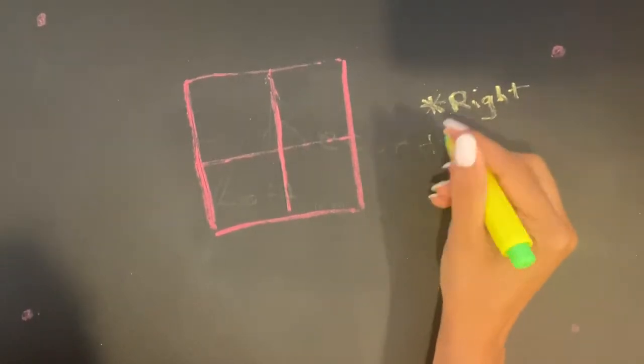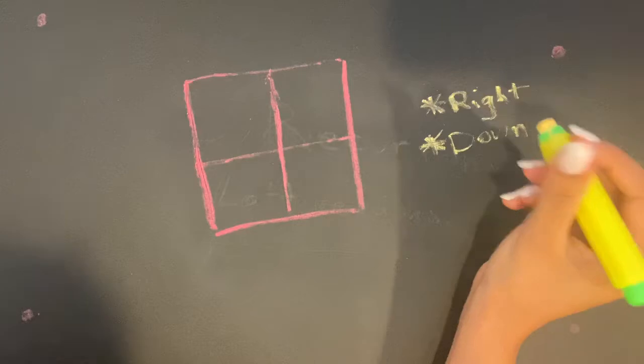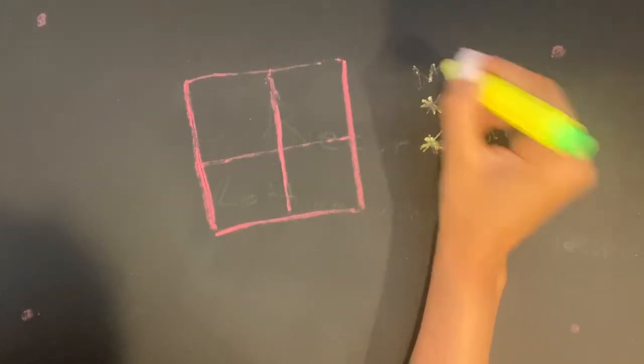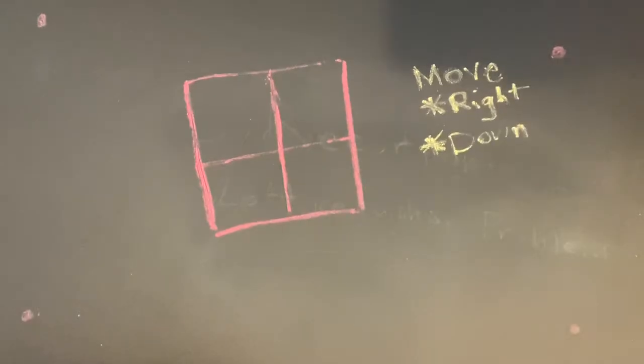So say we have a 2x2 grid. Now, starting in the top left corner and only being able to move right and down, we want to find all the possible routes that we can get from the top left corner to the bottom right corner.